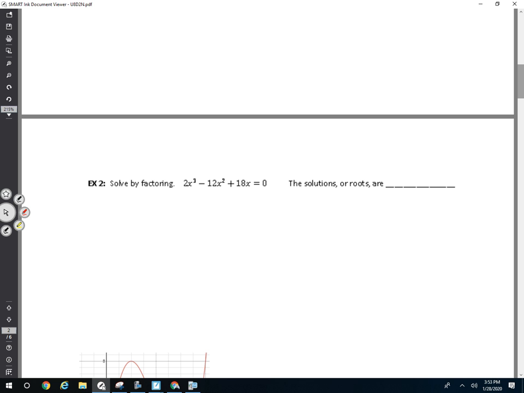Now let's look at this guy: 2x cubed minus 12x squared plus 18x. We're going to factor this. Step 1, greatest common factor: 2x. Write down what's left over.